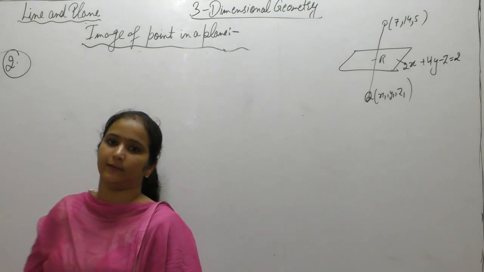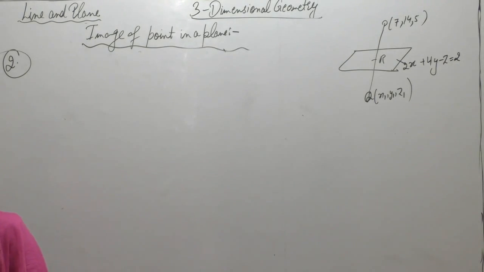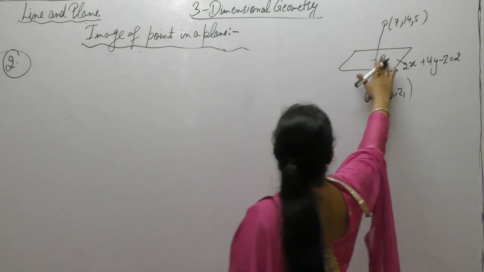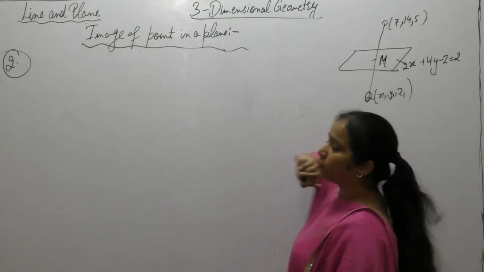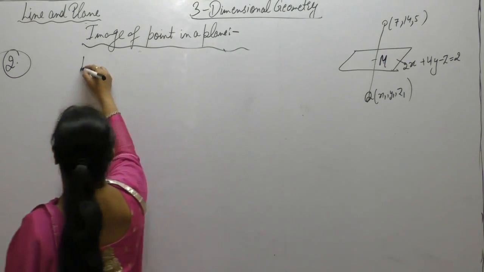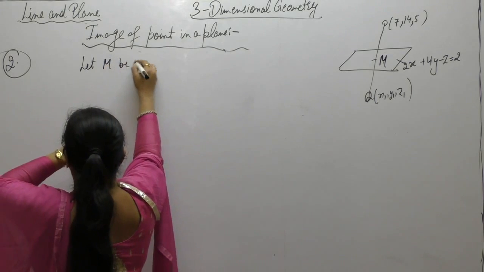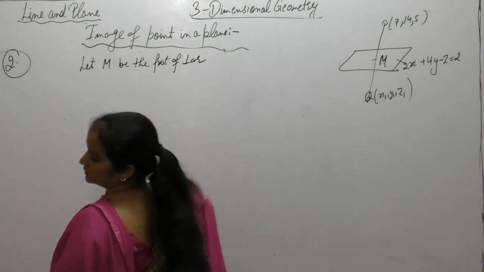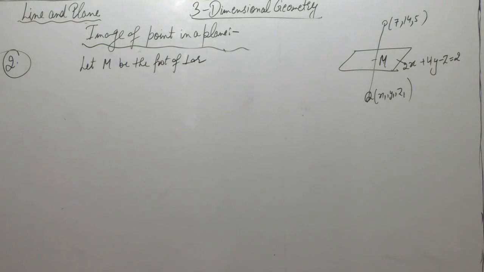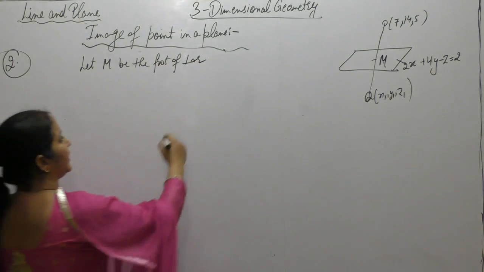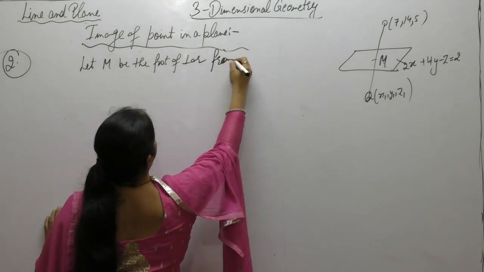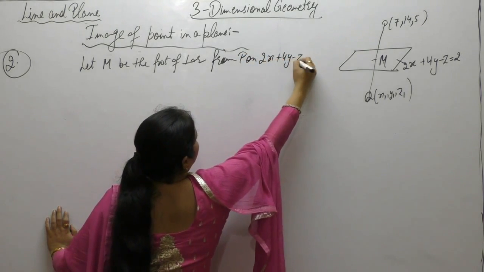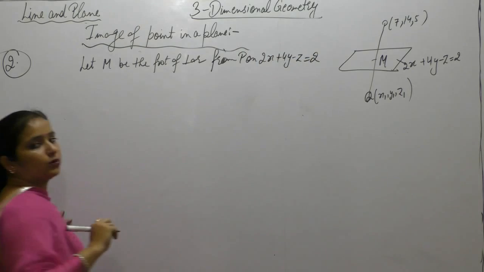Also find the image of point P in the plane. Let M be the foot of the perpendicular from point P on the given plane 2x + 4y - z = 2.